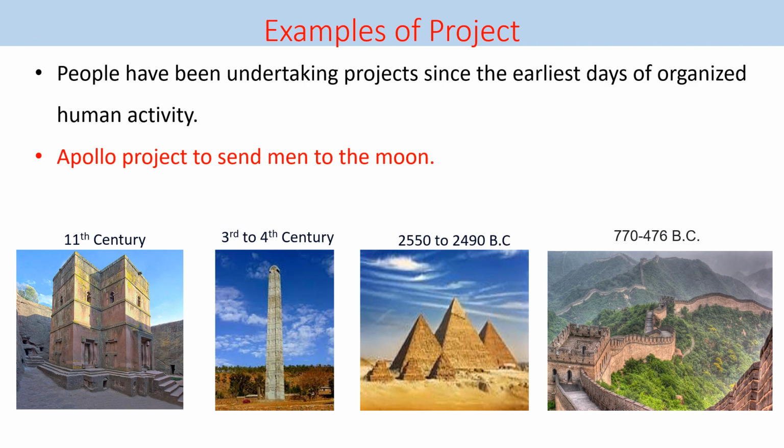So mind you, all these projects are ancient projects, and they share the characteristics of projects. So to conclude, people have been undertaking projects since the earliest day of organized human activity. That is, the history of the project is aligned with the history of mankind.